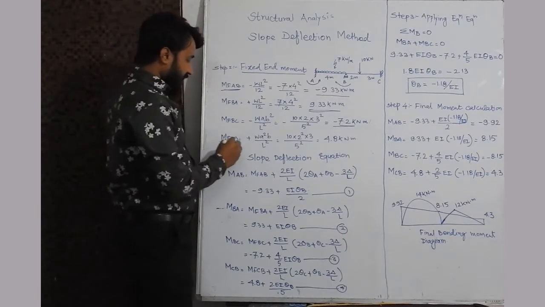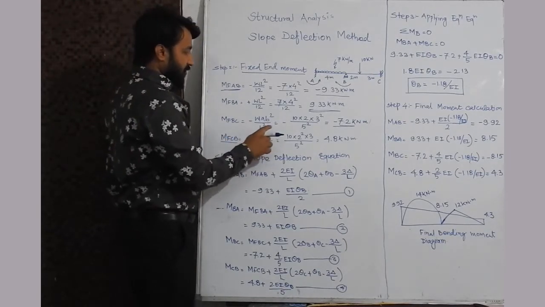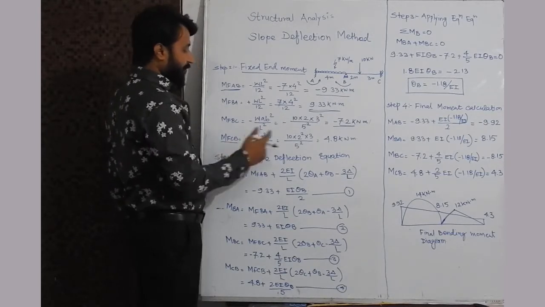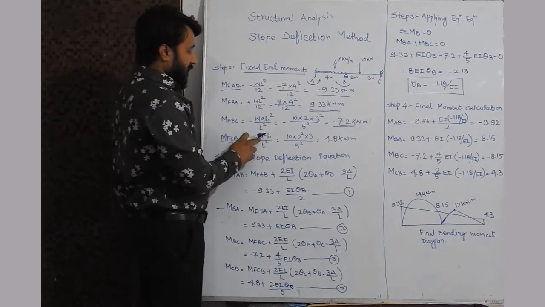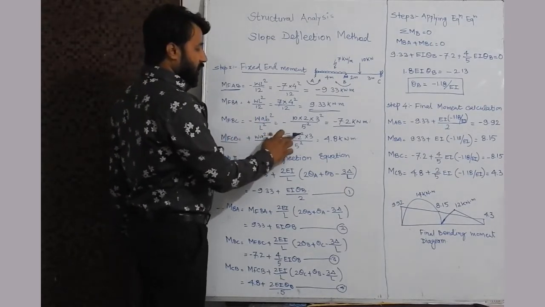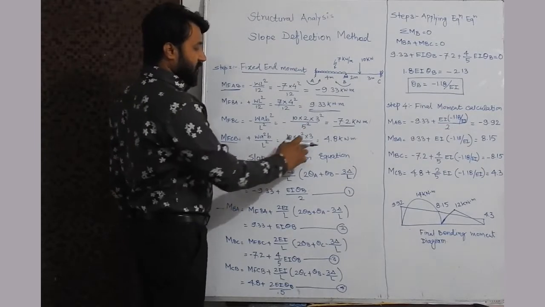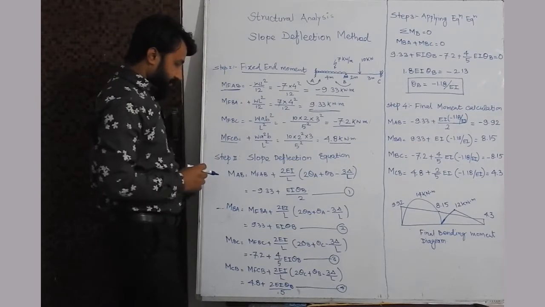Now fixed moment CB is plus W A square B divided by L square. Instead of B square here, in the case of CB, as we are coming from the opposite direction, the A will be squared. So 10 into 2 square into 3 divided by 5 square, and we get 4.8 kilonewton meter.